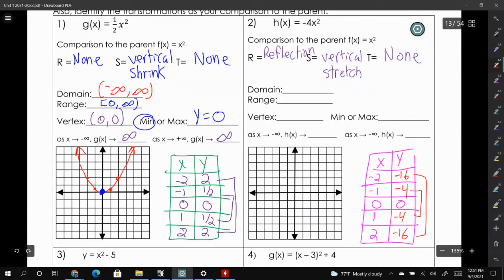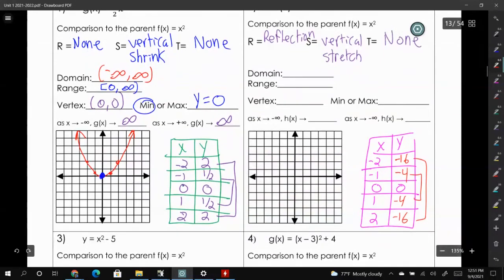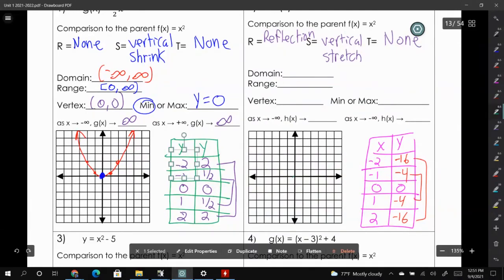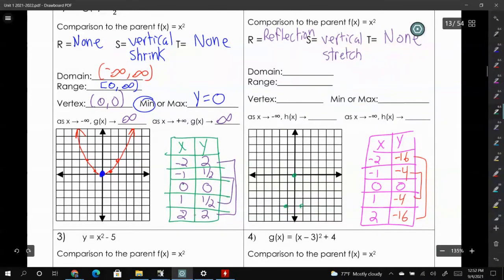So I know that we're going to go off the grid a little bit with our y values, and that's okay. 0, 0. And 16 is going to be way down here, but I don't want to get it on the other problem. So we'll make it work like that.